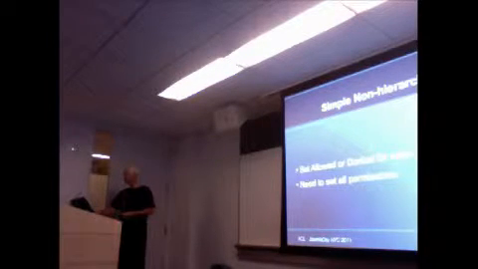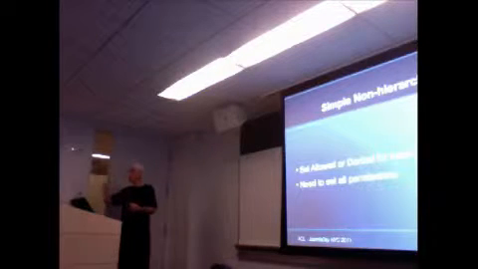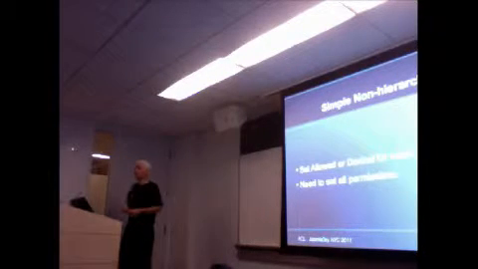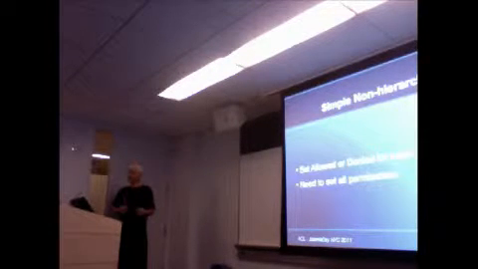Okay, so let's go in. Basically, if you're doing a simple non-hierarchical thing, it's pretty straightforward. For each group and each action, you set allowed or denied, and that tells you whether that person is allowed or denied to do that action on that asset.